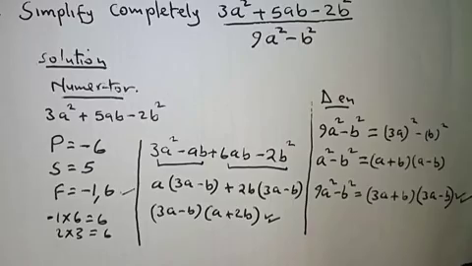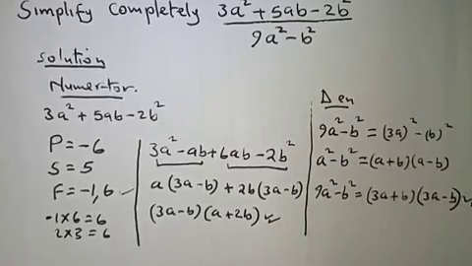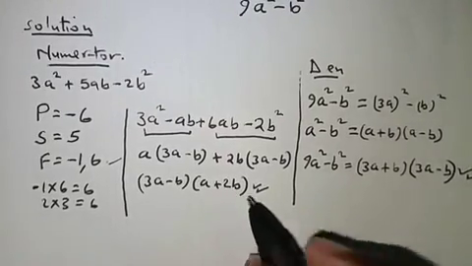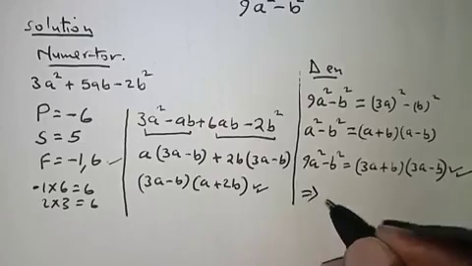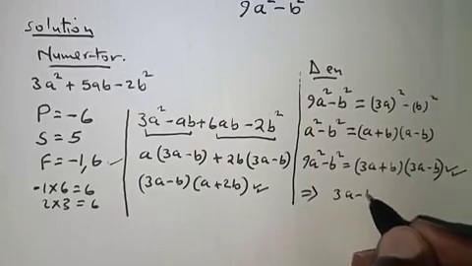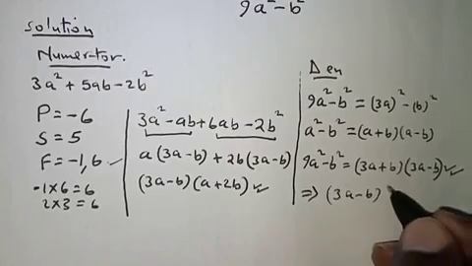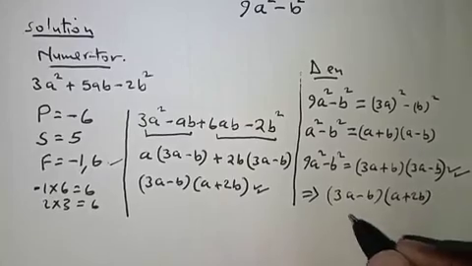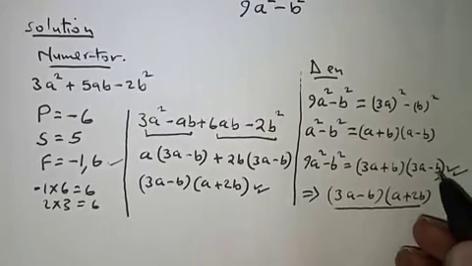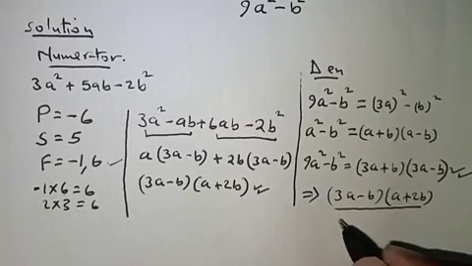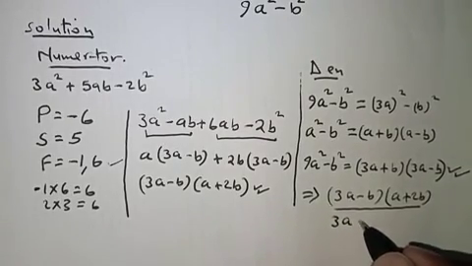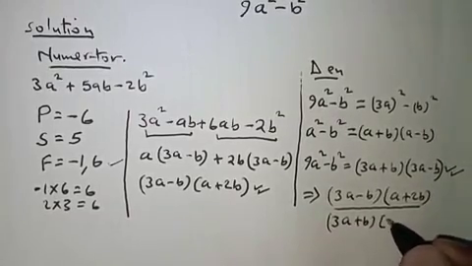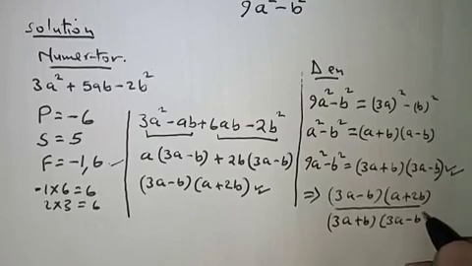Finally, combining the numerator and the denominator, we have the numerator 3a minus b times a plus 2b, divided by the denominator 3a plus b into 3a minus b.